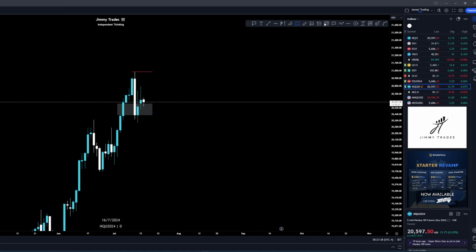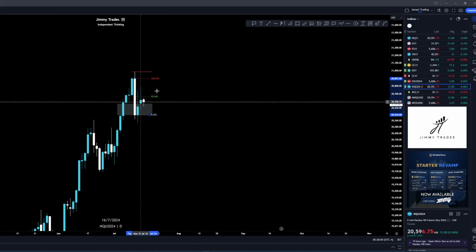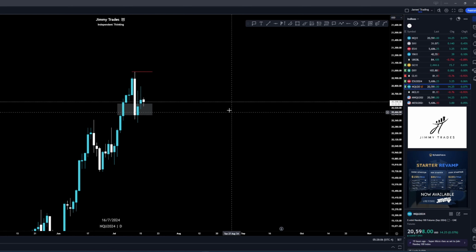If we have a look at the mean threshold of the daily wick, the daily candle, we can see that price was unable to close above the 50% level there and rejected.